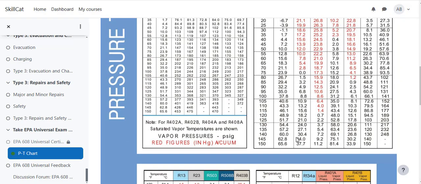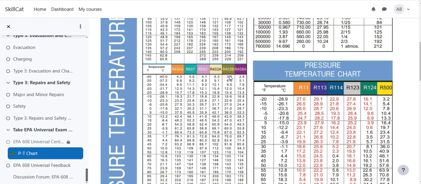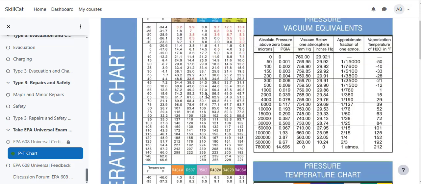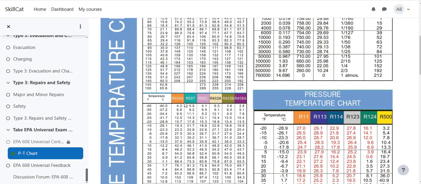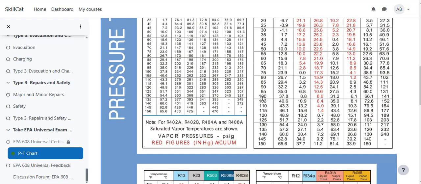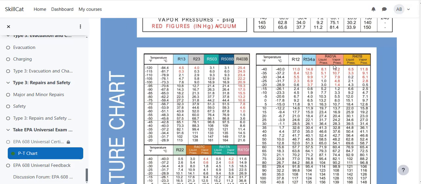It's not in the upper chart, it's down here. R410A.